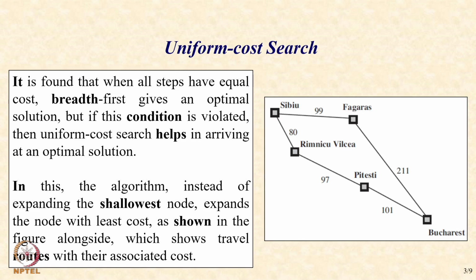You can do a simple arithmetic to confirm this idea. So, now you realize that by choosing the paths which have least cost among all the successors, you can end up with an optimal solution. So, you do not really go breadth first, you just look for the least cost solution.